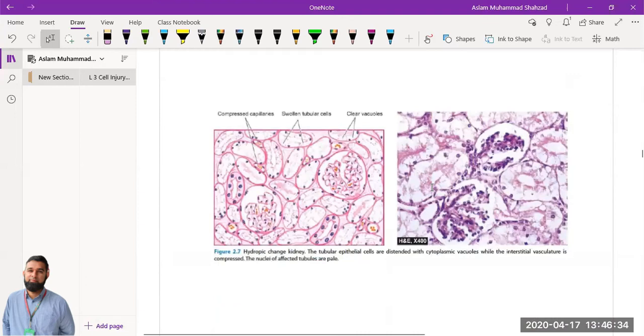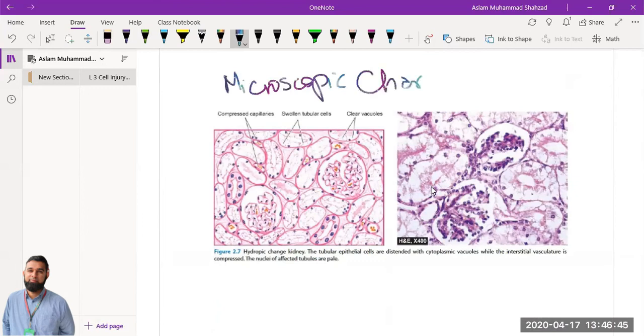When we see the microscopic characteristics in this slide, the main important thing we need to understand is the presence of these small clear vacuoles.